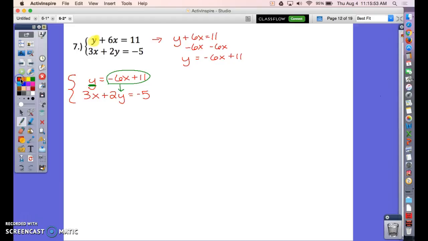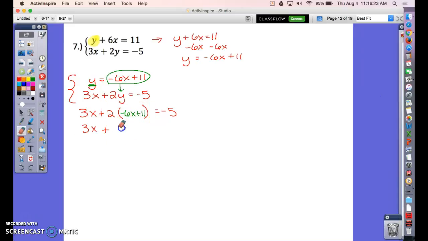So I'm going to have 3x plus 2 times, what are you putting in for y? We're putting in negative 6x plus 11. Now I have one equation with the same variable, so I can solve that equation for the variable x. So I'll have 3x plus, I need to distribute first.